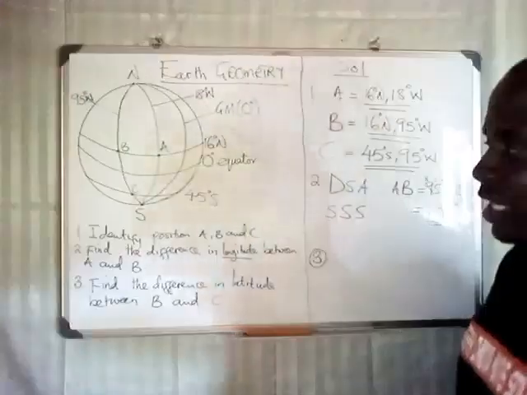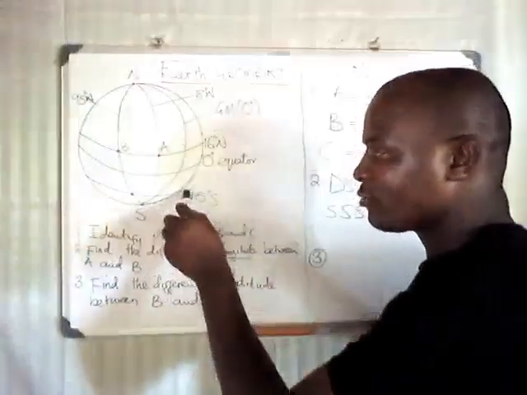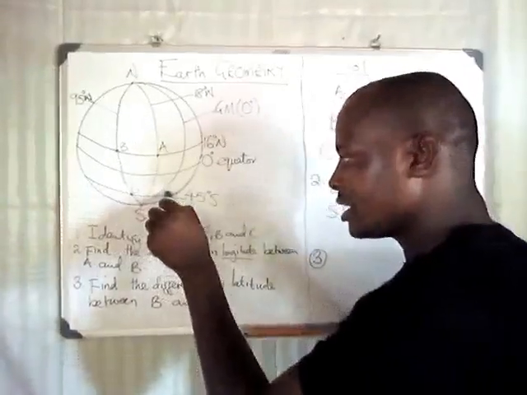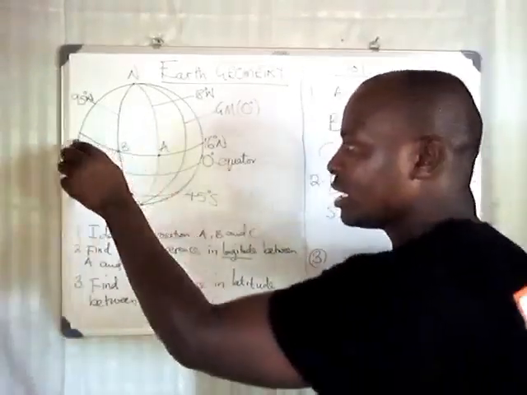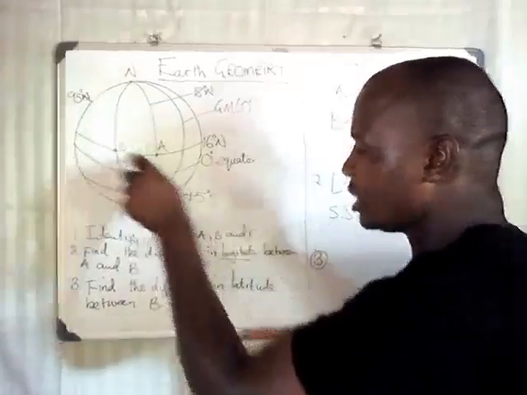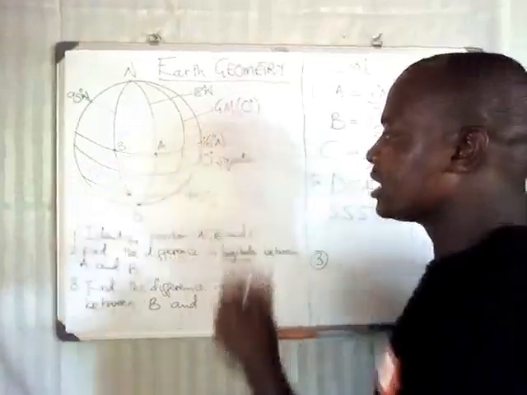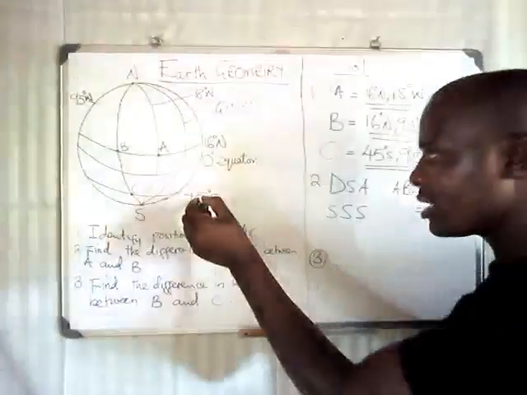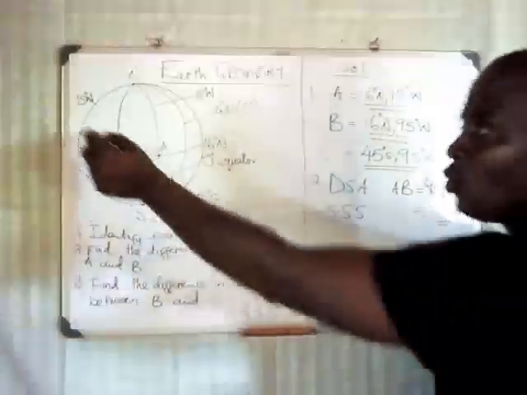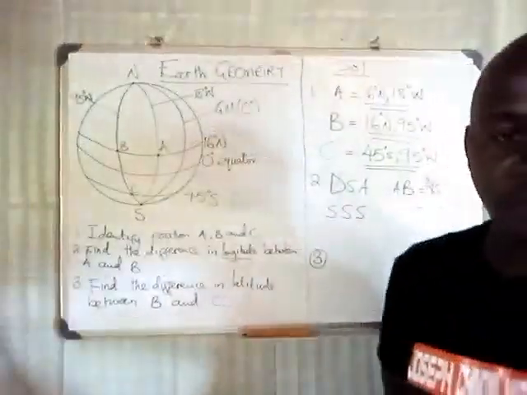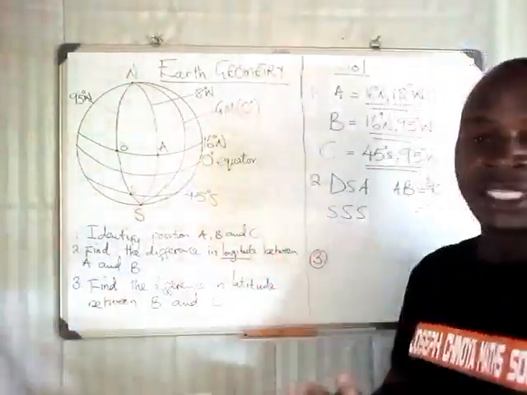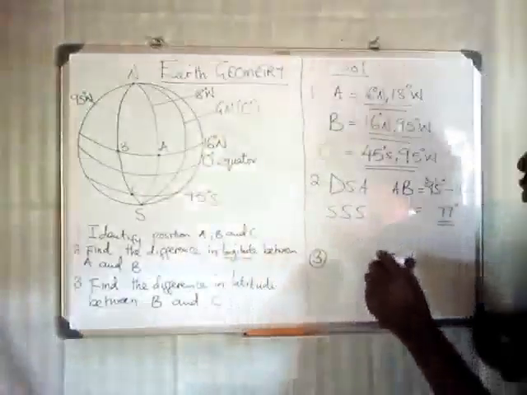Now let's identify. The latitudes are these lines from the west to the east. This is latitude C, which is 45 degrees south, and latitude B, which is 16 degrees north. So this is south, this is north. The 2 latitudes are on different sides, so we are going to add the 2.